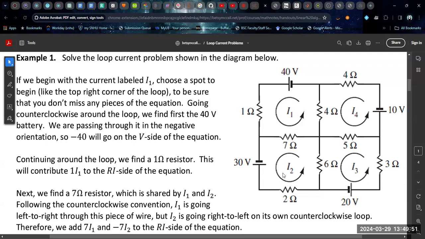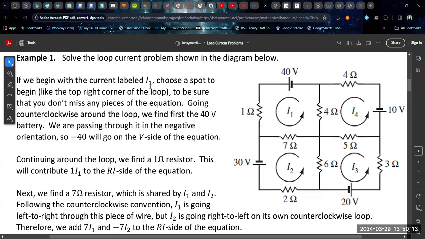Again, the only difference is going to be when you're trying to figure out how the currents are flowing through a particular segment of the diagram, then you'll need to add or subtract your currents appropriately based on how you've designated your loops. This, I find, is the easiest way to set these up.